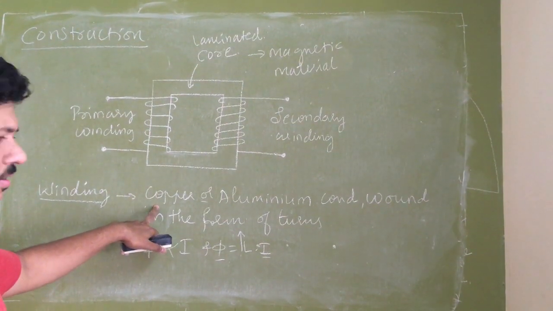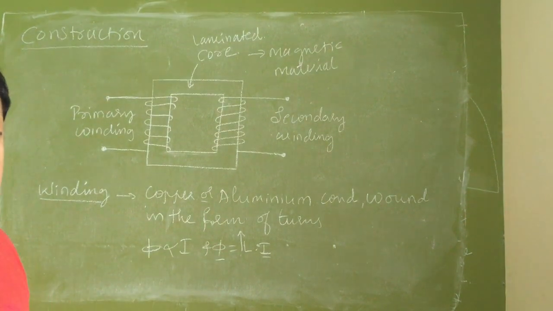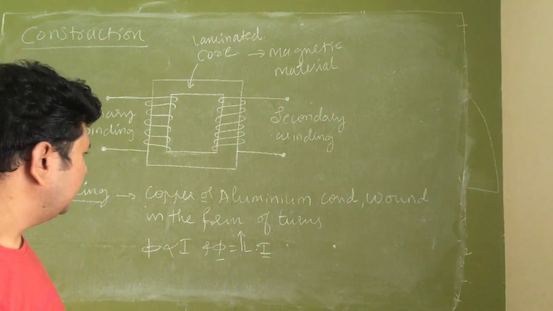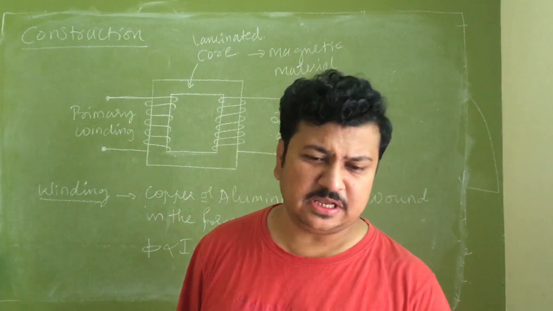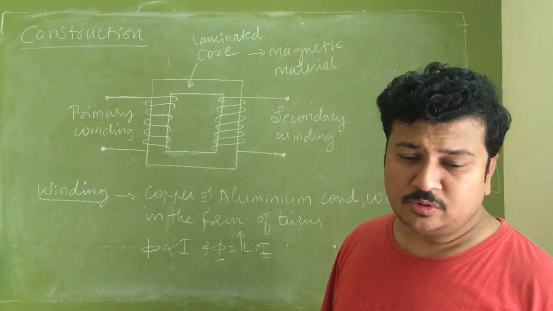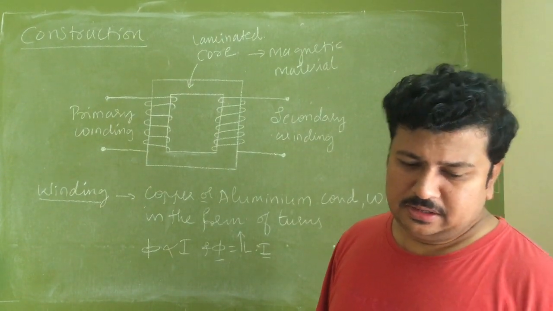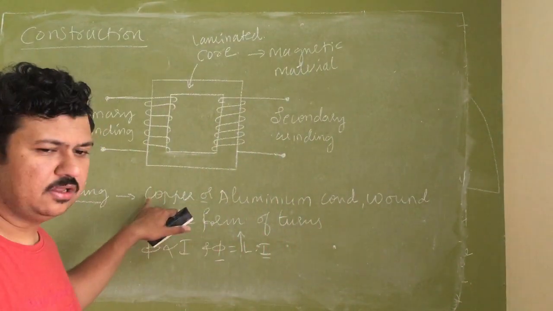The difference between copper conductor and aluminum conductor is their density. The density of aluminum is around 2.5 times less than the density of copper. So to carry the same amount of current, the size of aluminum conductor will be 2.5 times more than the size of copper conductor.